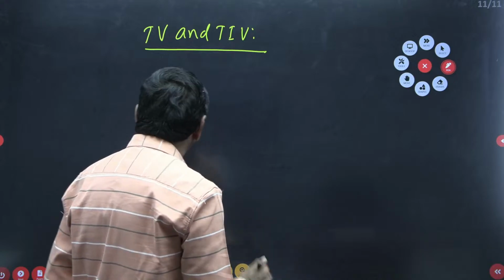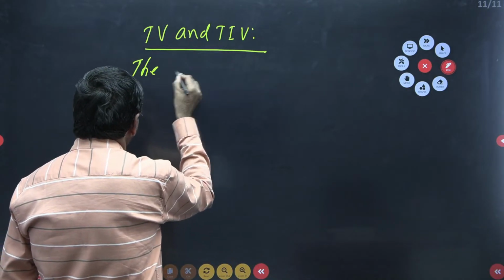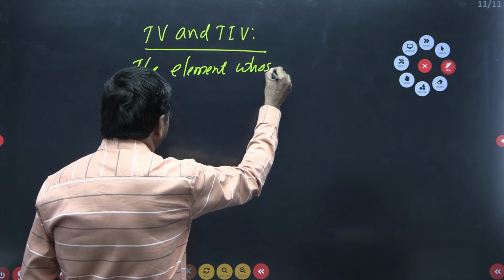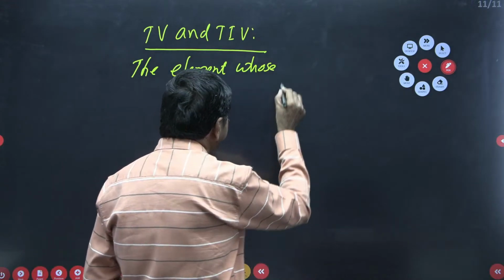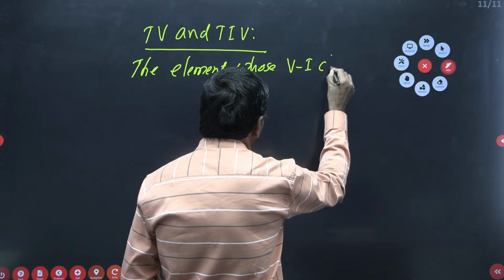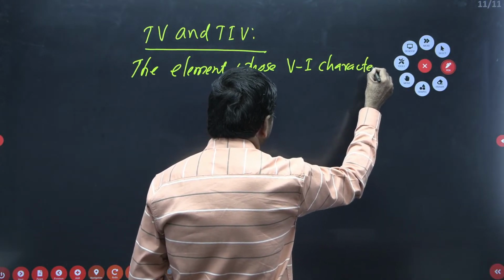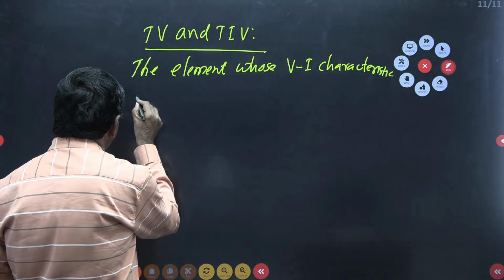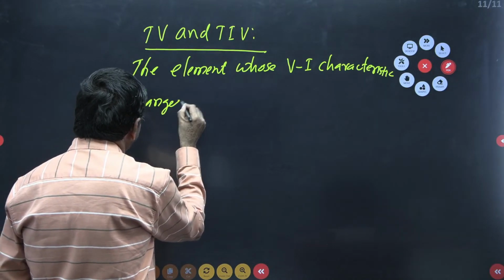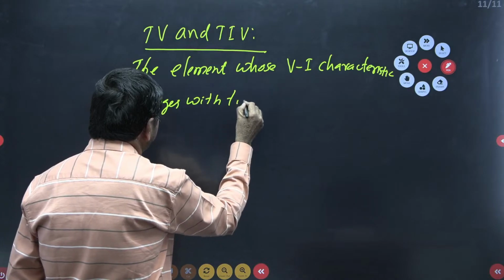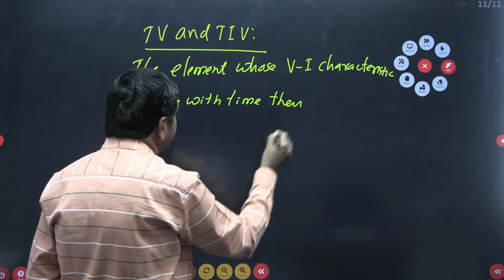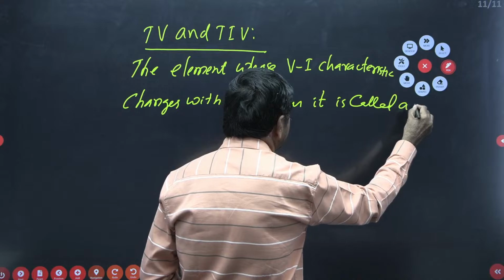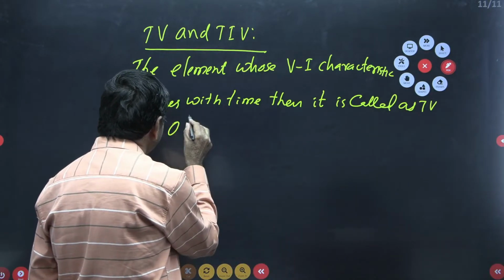The element whose VI characteristic changes with time is called time variant, otherwise time invariant.